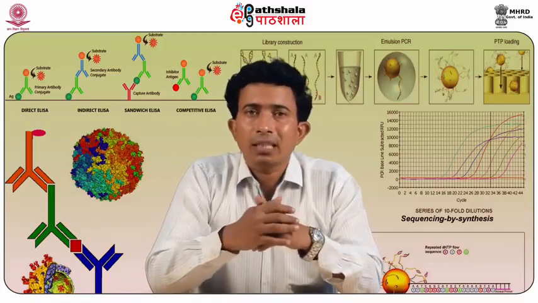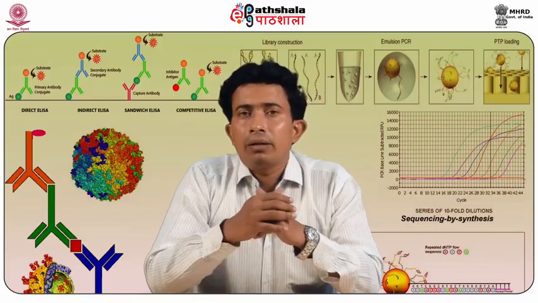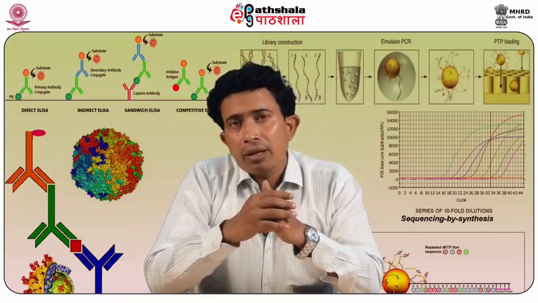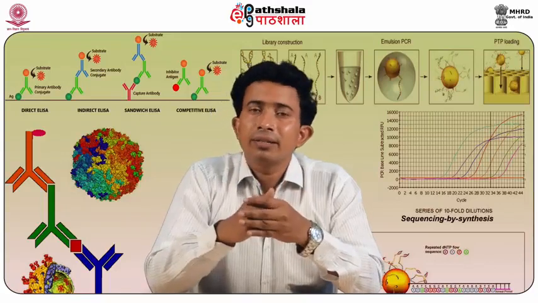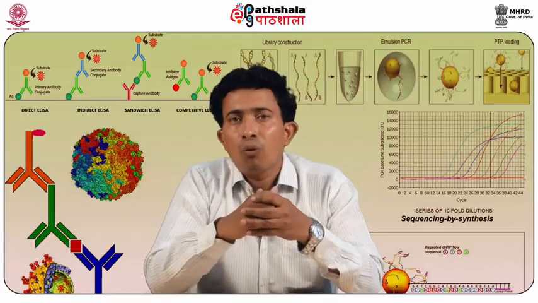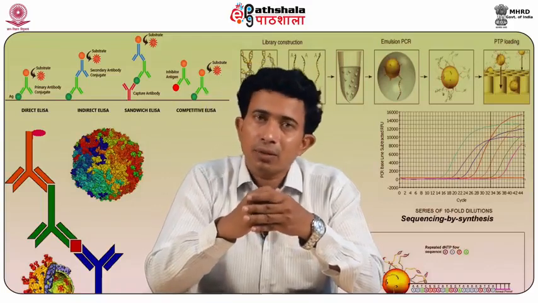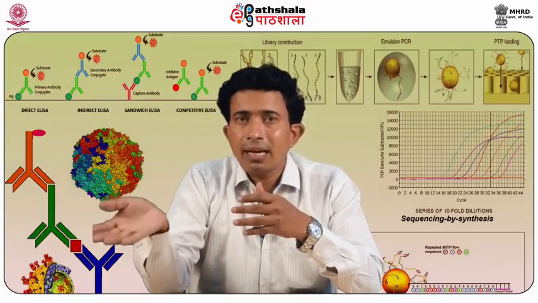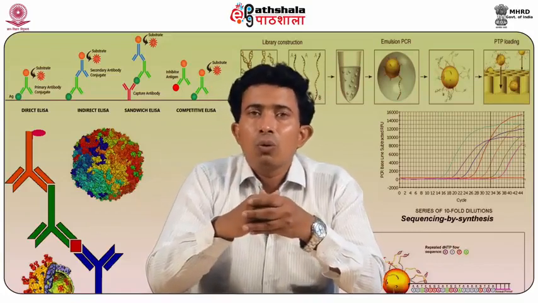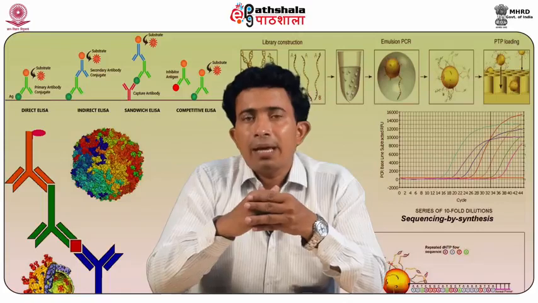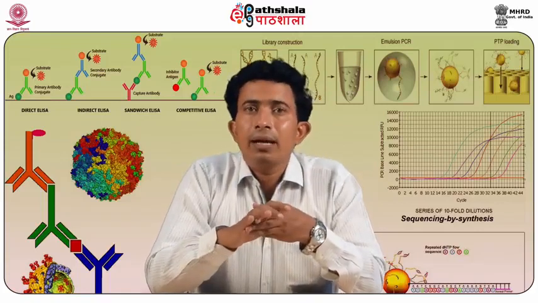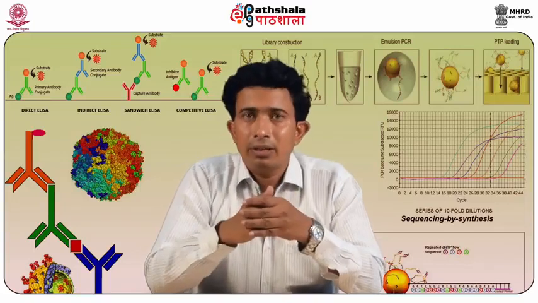Later on, the Solexa method, nanoball method, Illumina method, and other second generation and third generation methods have improved the efficiency of this technology, decreased the cost, decreased the time, and made it less labor intensive. So DNA sequencing has the potential to change human civilization and the way we are treated.